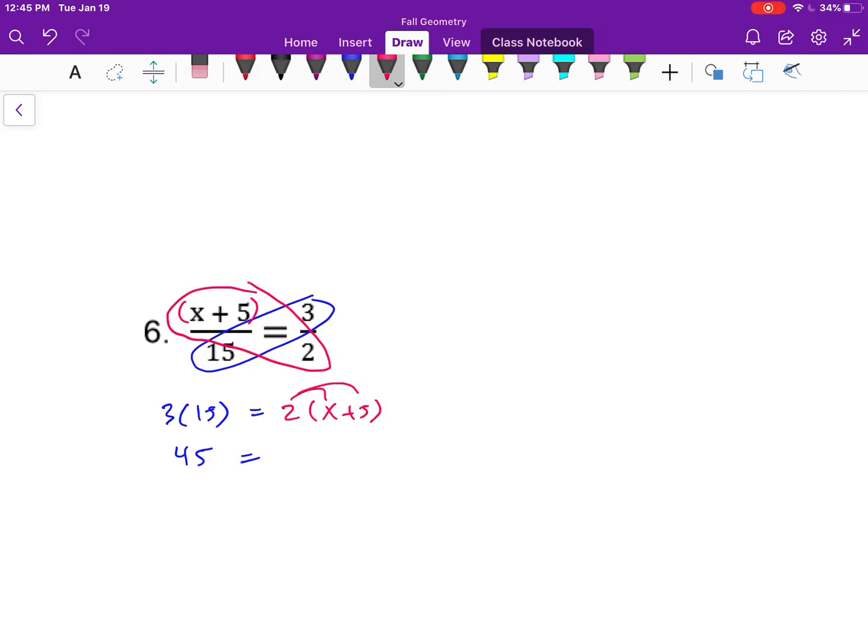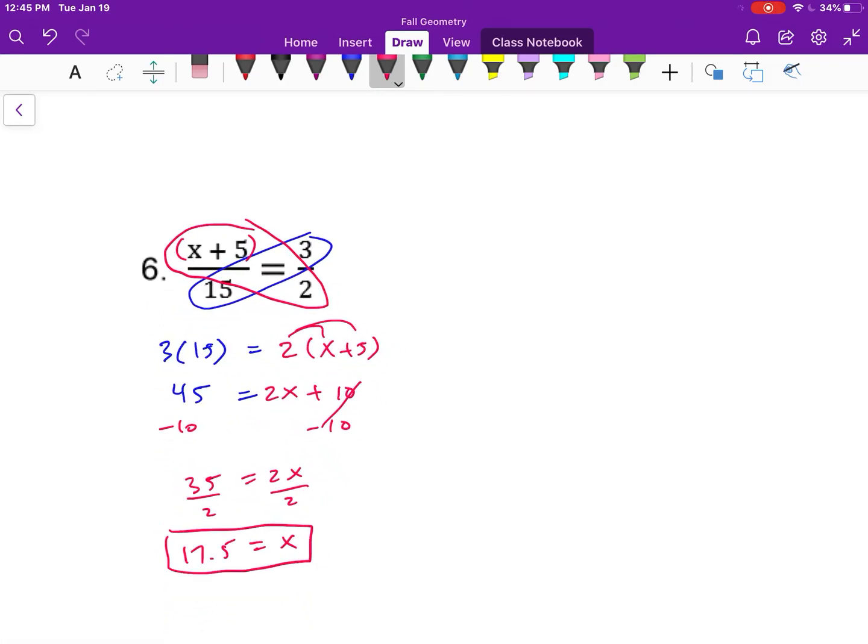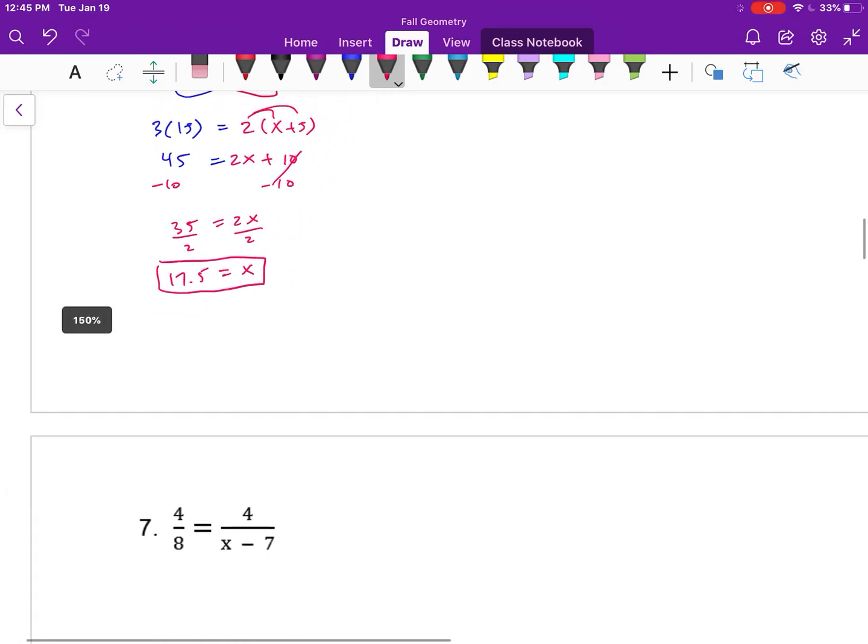And then you can distribute. So now you have 2x plus 10, minus 10 on both sides. And then you have 2x equals 35. Divided by 2, x equals 17.5. So there you go, that's number 6. Just be careful when you're solving these.